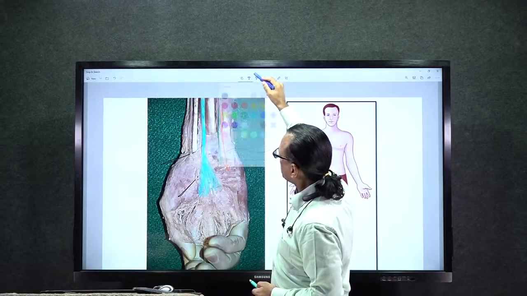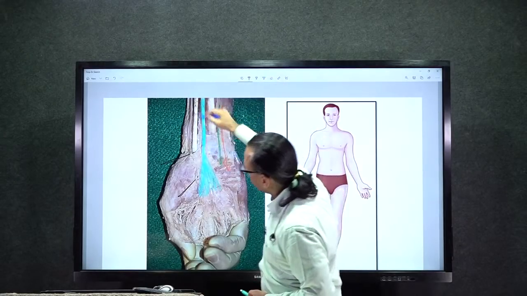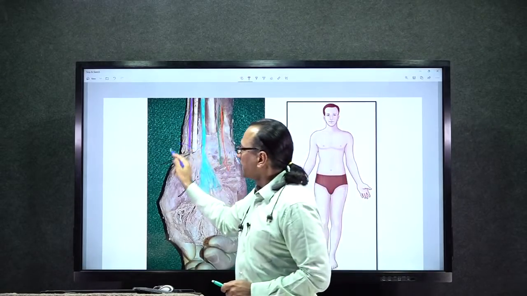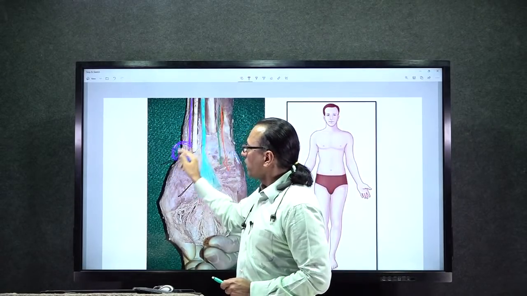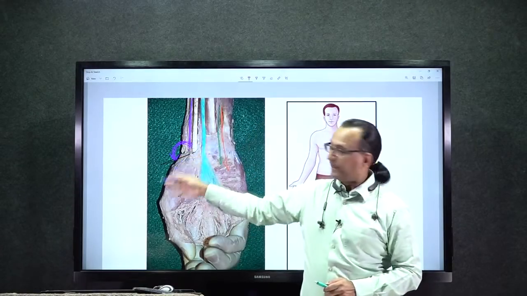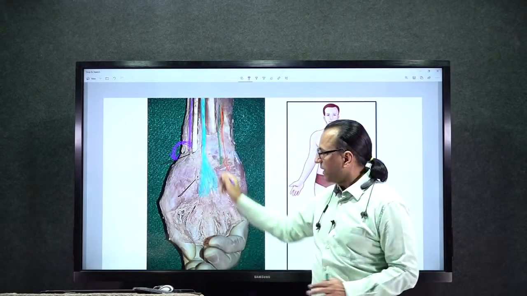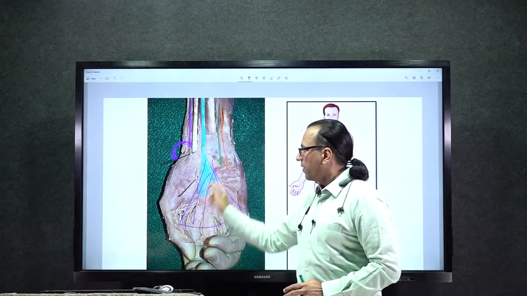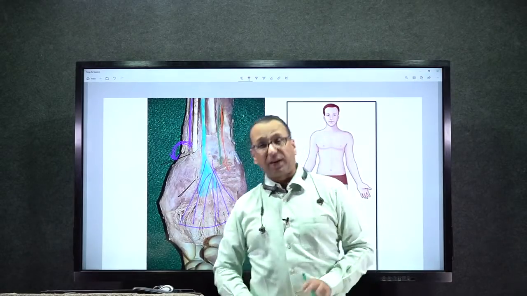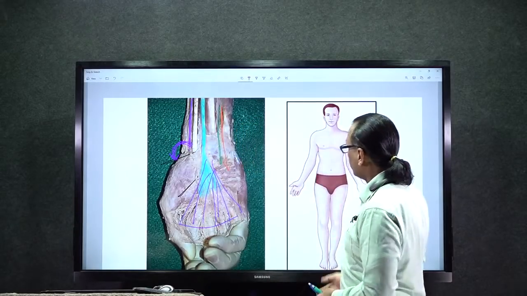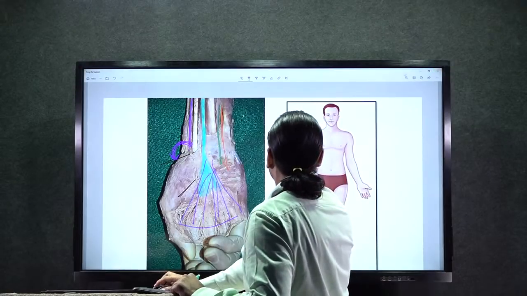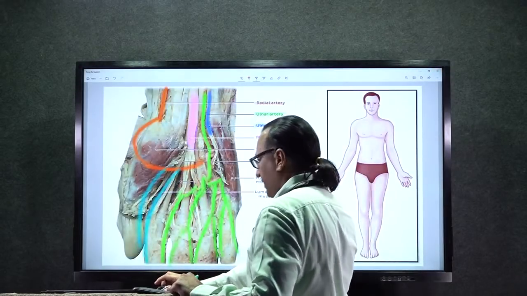Then we could also see that this is the radial artery, which will come here but then become a content of the anatomical snuffbox going posteriorly. So just have some idea, this is the palmar aponeurosis we were talking about. So you have to practice many MCQs. That is the only way we can actually master our expertise in dealing with the MCQs.